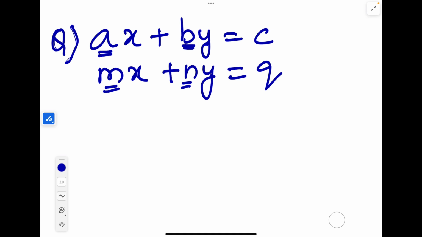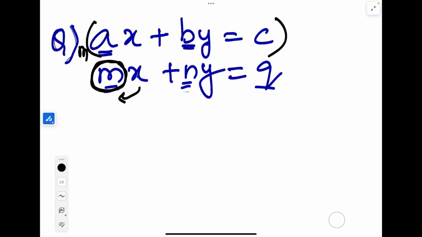So what we will be doing is we have to make one coefficient, that means the coefficient of x or the coefficient of y, the same. So let's multiply m, which is the coefficient of x here, with equation 1, and this coefficient of x, which is a, to the second equation, right?